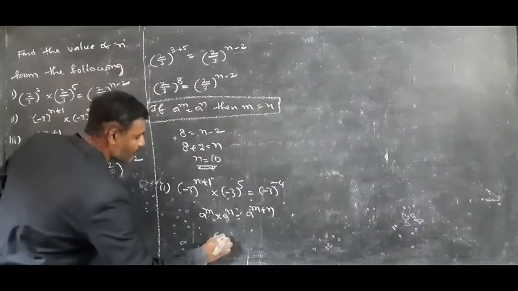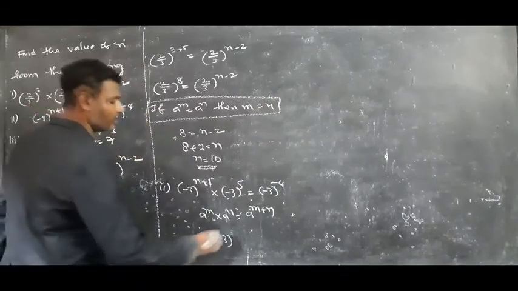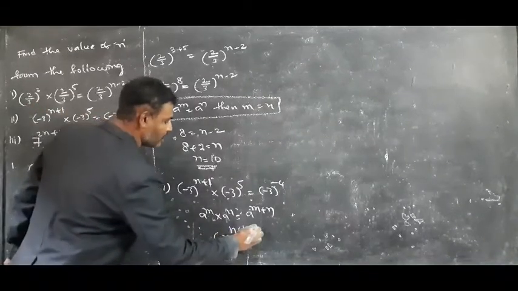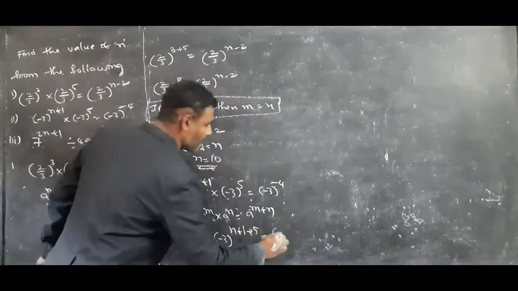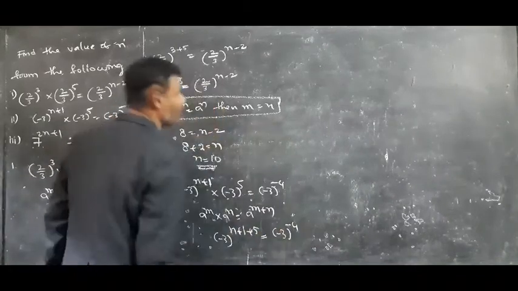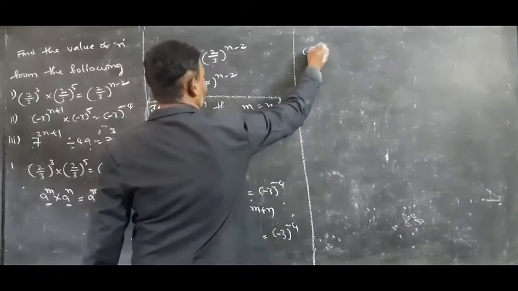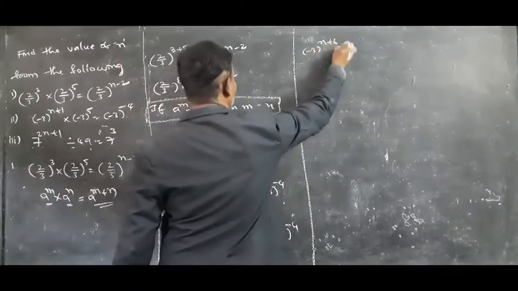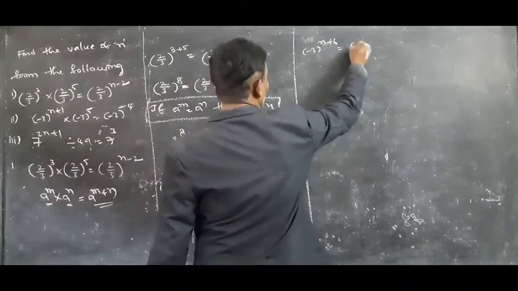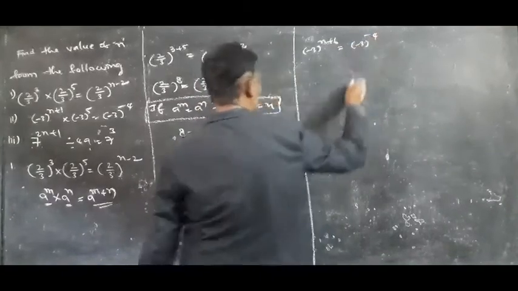Here minus 3 whole power n plus 1 plus 5 is equal to minus 3 whole power minus 4. It means minus 3 whole power n plus 6 is equal to minus 3 whole power minus 4.